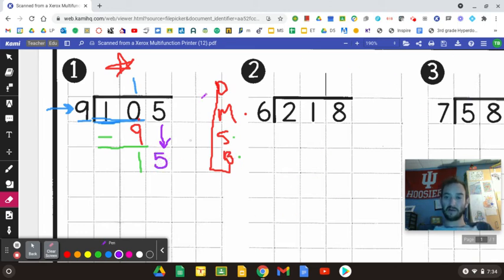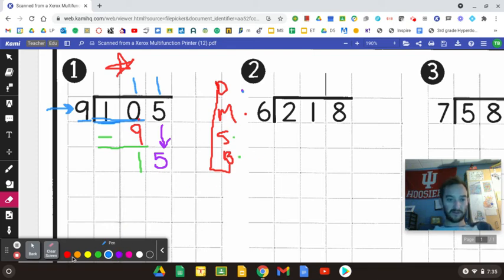After I bring down, I repeat and divide with the new number. The new number is 15. How many times does 9 go into 15? It's just once. One group of 9. 2 9s would be 18, and that, of course, is too much. So now we're going to multiply again.